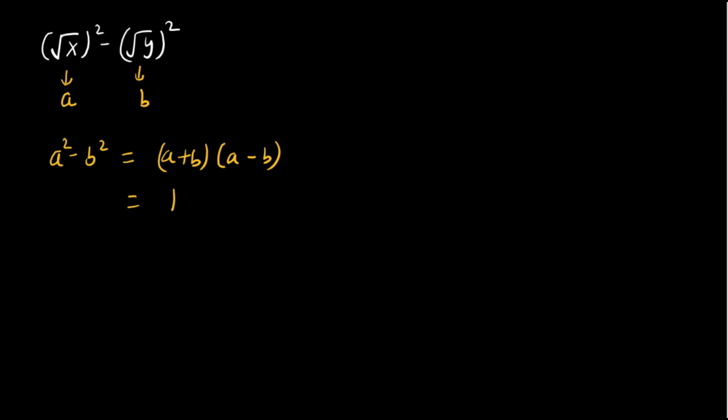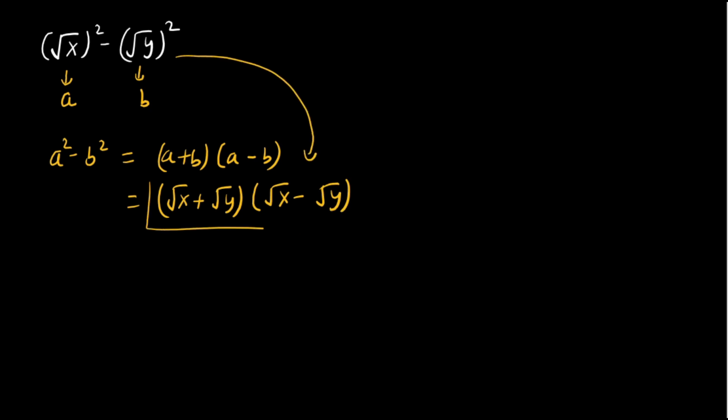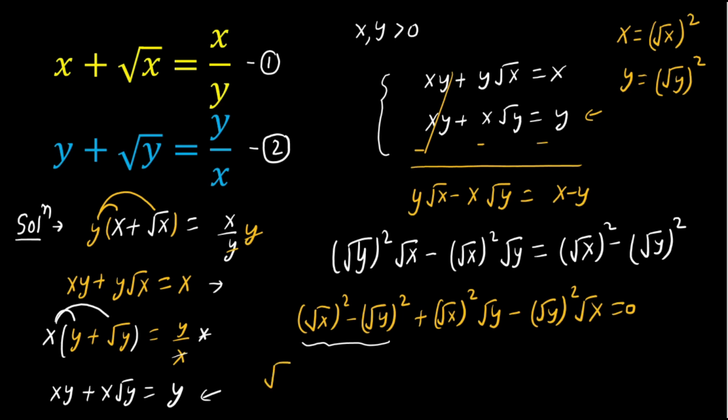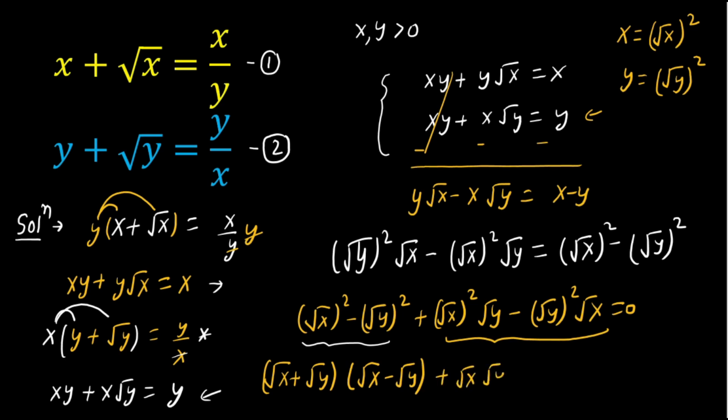Then a is replaced by square root of x and b by square root of y, so this becomes square root of x plus square root of y multiplied by square root of x minus square root of y. And if we take common square root of x times square root of y, then here square root of x minus square root of y, and this equals 0.